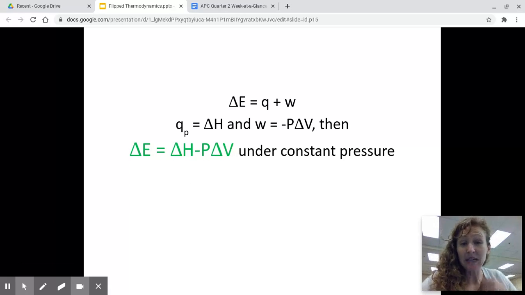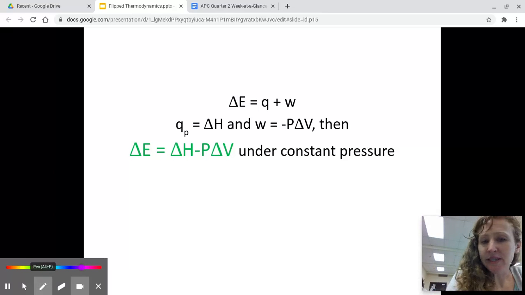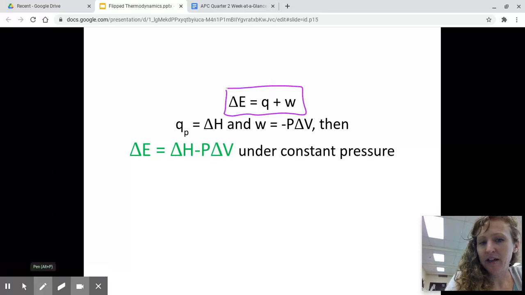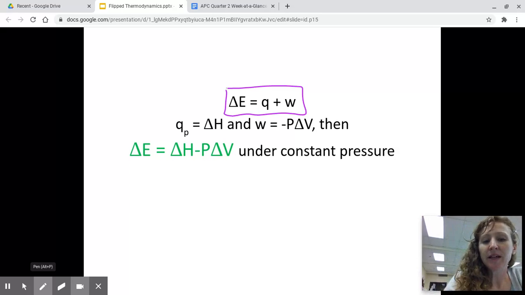Okay, let's expand our understanding here of energy. This is the equation we've been talking about all along. Total energy equals heat plus work. We're going to plug in these two parts. So for heat, we're going to assume it's constant pressure.